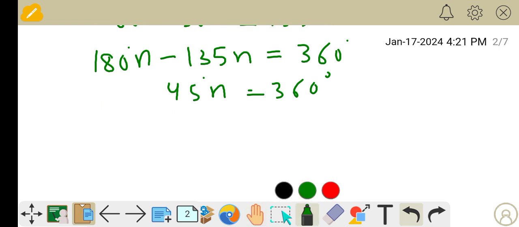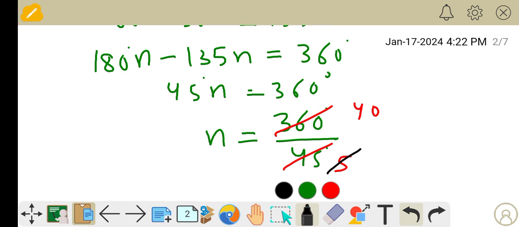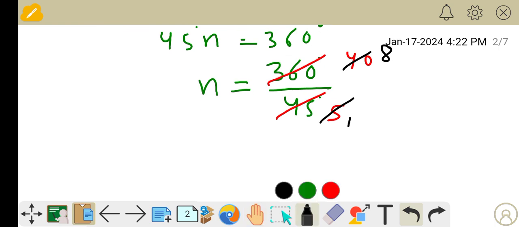To get the value of n, we divide both sides by 45, so it will be 360 by 45. After simplifying by 9, 9 times 5 is 45, 9 times 4 is 36, and further simplifying by 5, 5 times 1 is 5, 5 times 8 is 40, so n equals 8.